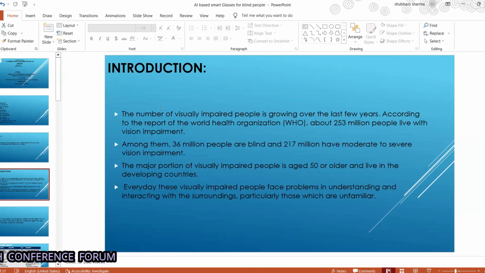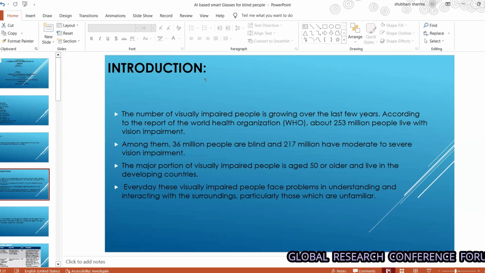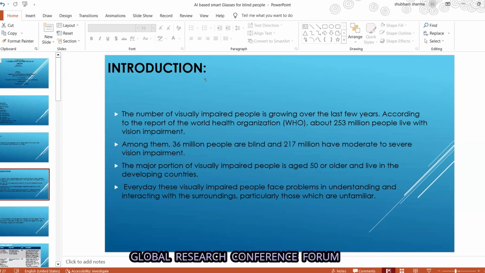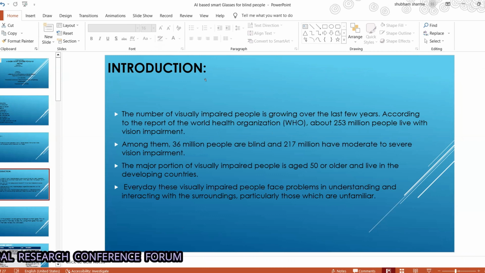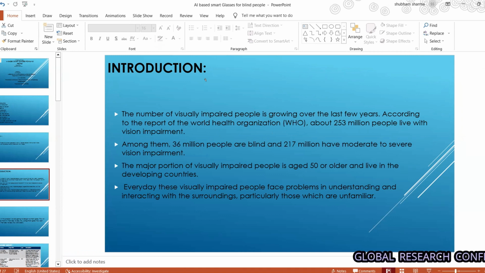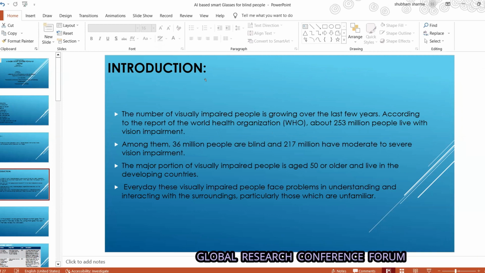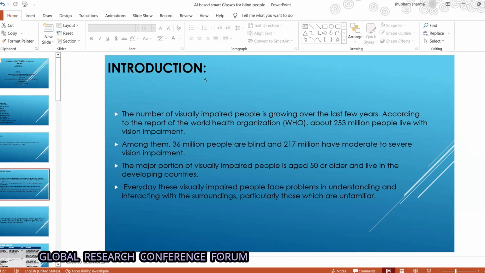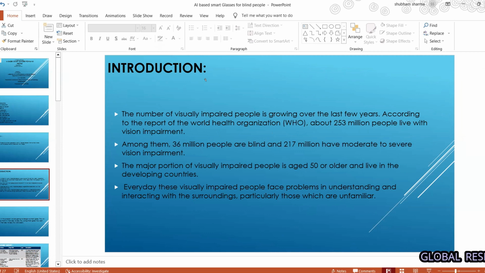So basically, what is the need of this topic? As we know, the number of visually impaired people has been growing over the last few years. According to the report of the World Health Organization, about 253 million people live with a visual impairment. Among them, 36 million people are blind and 217 million have moderate to severe vision impairment.